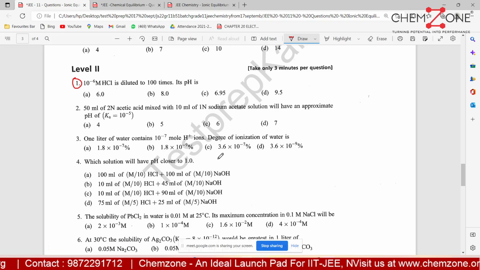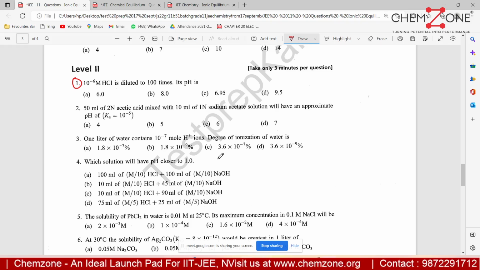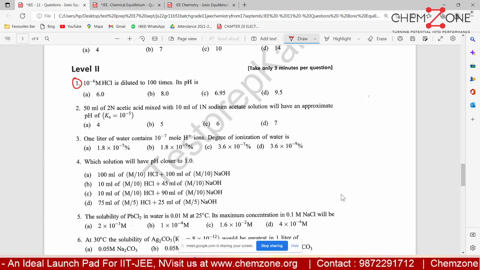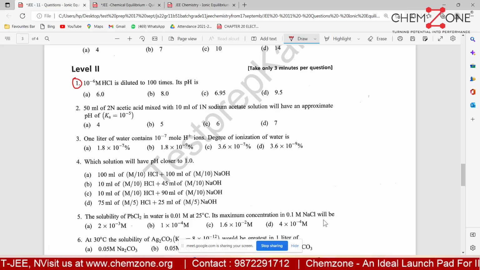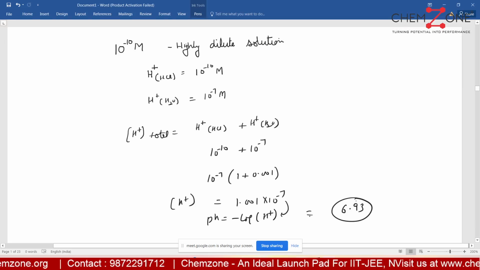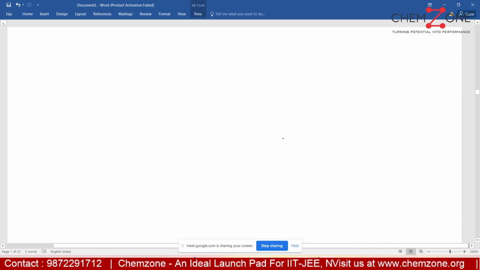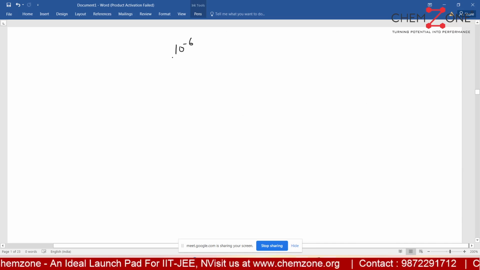Or 6.95. See, we have been given 10 to the power minus 6 molar, right? And now it is diluted 100 times.